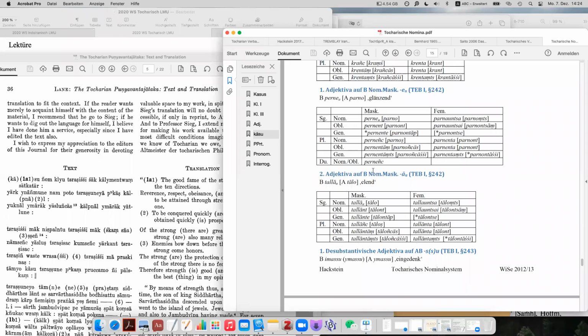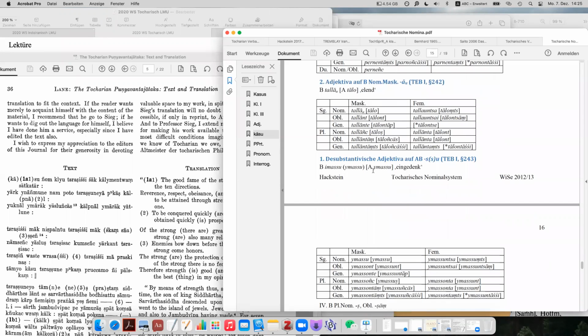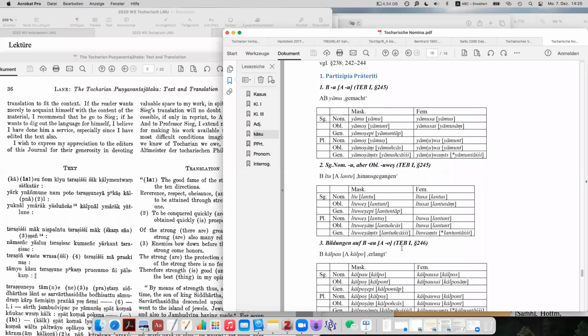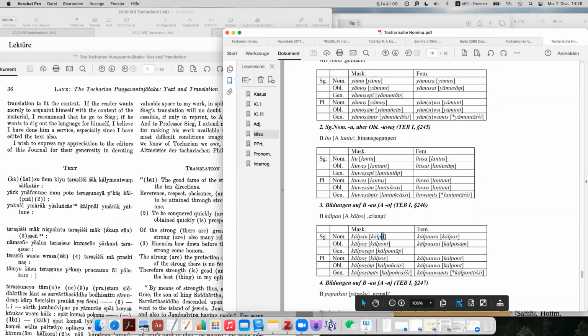And then there's another very important class, namely the participle, the preterite participle. The typical ending is u and o. So we actually have two categories. The first one is u. The second one is o. This is East Tocharian. For West Tocharian, you have again the u, but here owl.